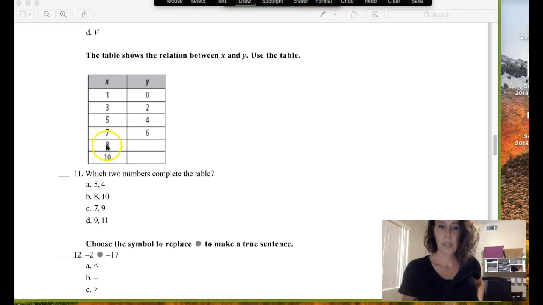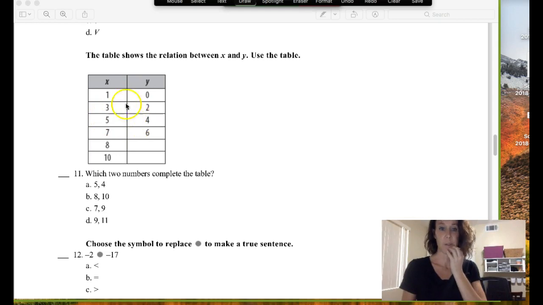So here's how I need to figure this out. If I plug in 8, I get out what for Y? If I plug in 10, I get out what for Y? Well, let's see what the pattern was. I plugged in 1, I got out 0, so that told me I subtracted 1 maybe. Let's see if that worked here. I plug in 3, I get out 2. Oh, yep, he subtracted 1. If I plug in 5, do I get out 4?